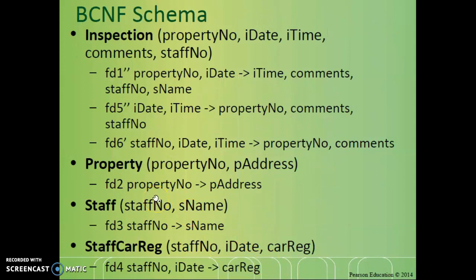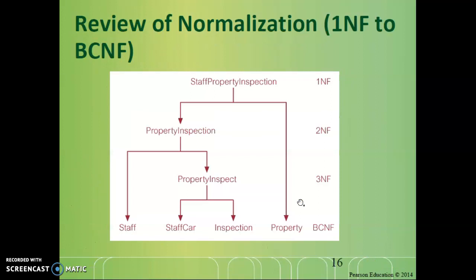In summary, the decomposition of the staff property inspection relation, the original table, into BCNF relations is shown in this figure. The original relation is the staff property inspection table.